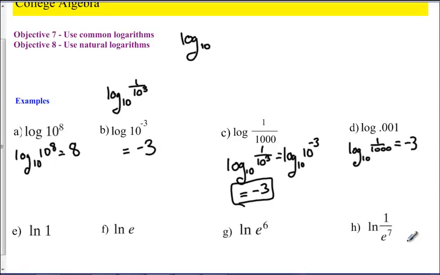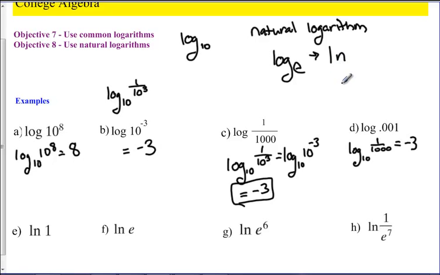So whenever you see that symbol, which is E, now the natural logarithm, it's log base E. But they're not going to ever write it as log base E. They shorthand it, and they put LN. And I don't know why it's backwards, because we say natural logarithm, and then it's LN.